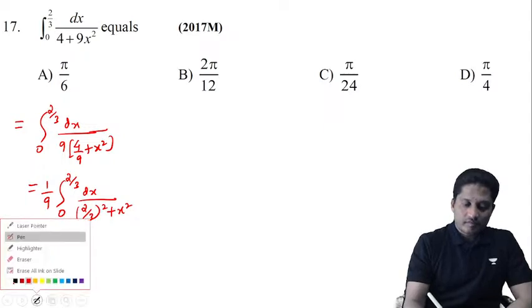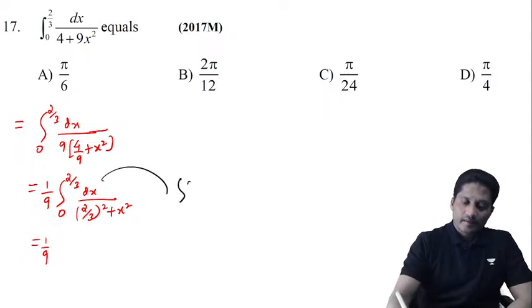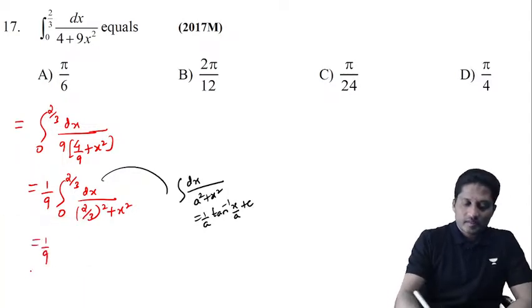Now this is of the form dx divided by a square plus x square. Formula will be 1 by a tan inverse of x by a plus c. So this is 1 divided by 2 by 3, and tan inverse of x divided by 2 by 3, plus c.